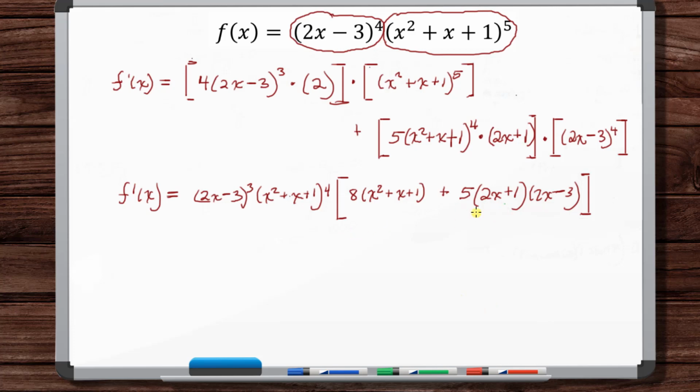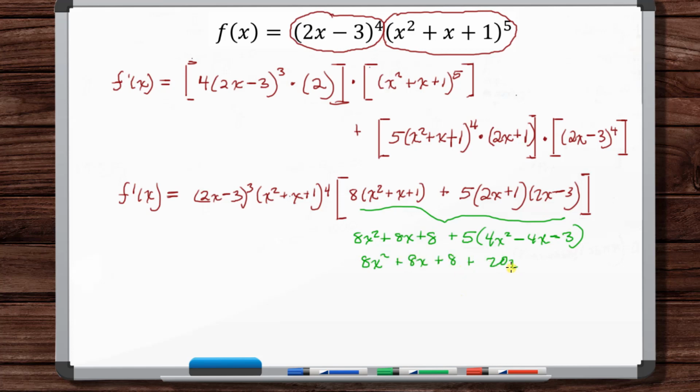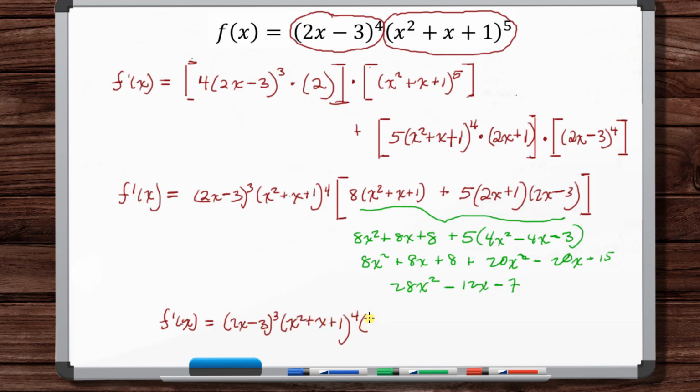Now, let's just distribute all of this, because this out front is good, but let's distribute all of this. So what we have is f prime of x is equal to, and that is your answer.